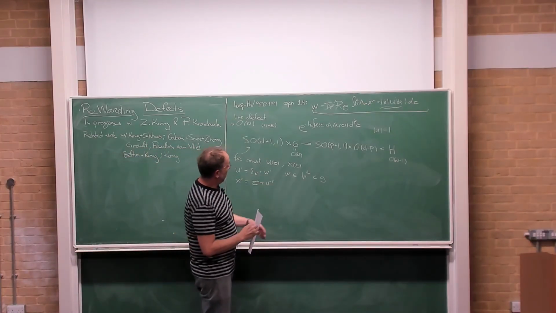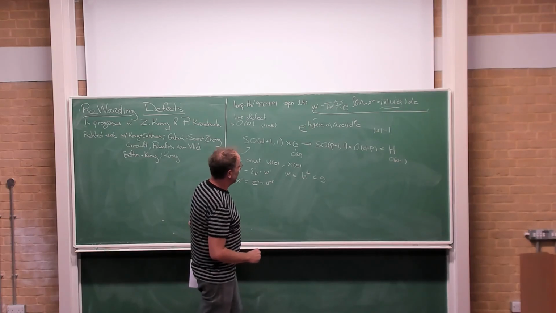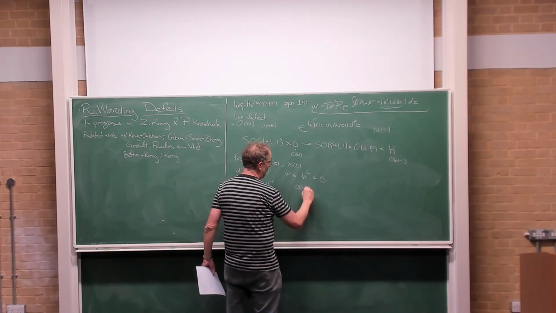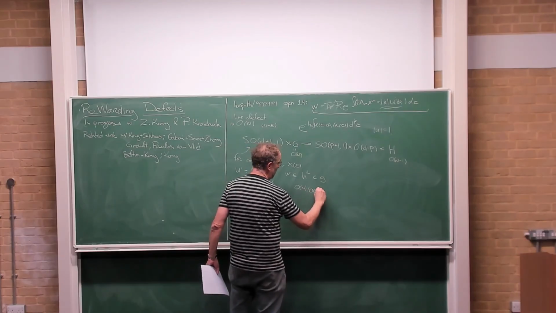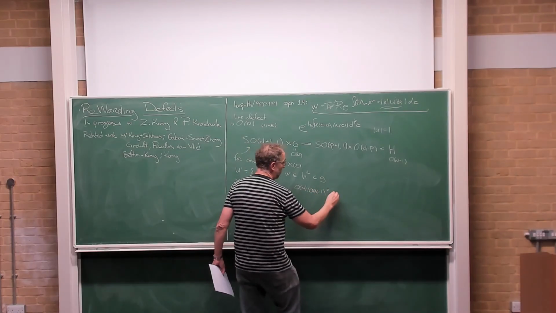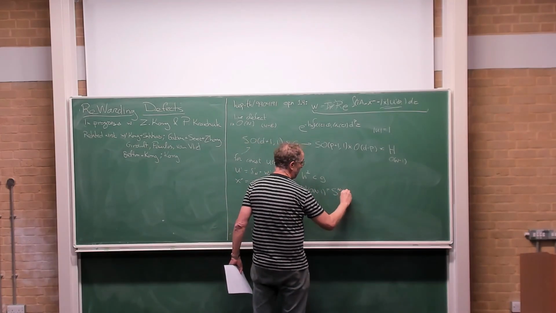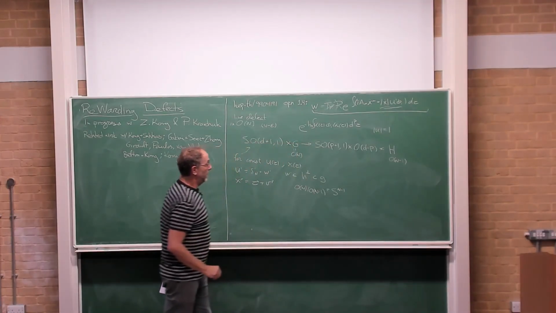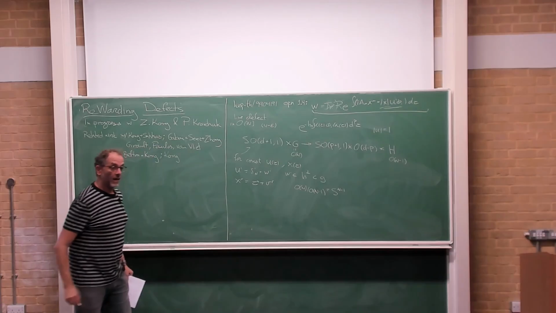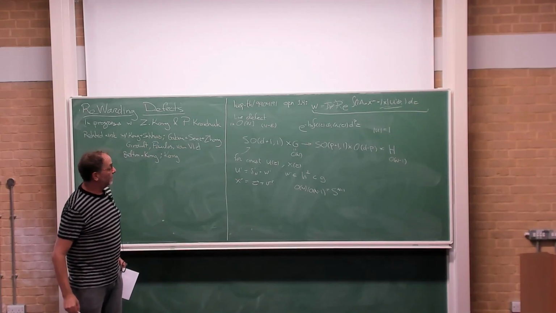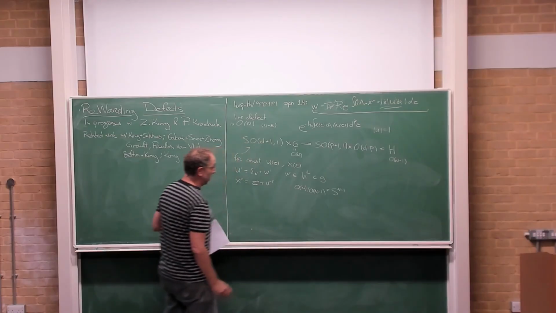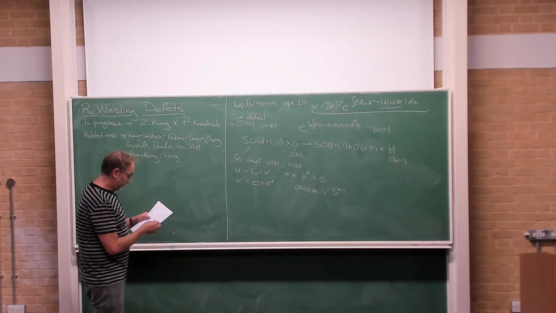So I have all these directions, which in the case of, of course, O(n) mod O(n-1), is equal to S^(n-1). And in this case, h perp is going to be R^(n-1). I have n minus 1 directions where I can deform my straight uniform defect.